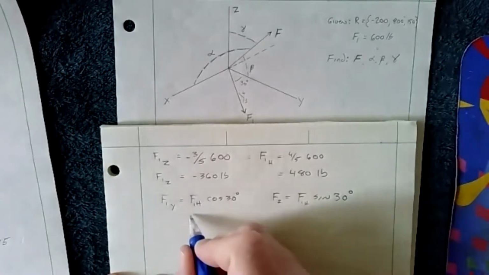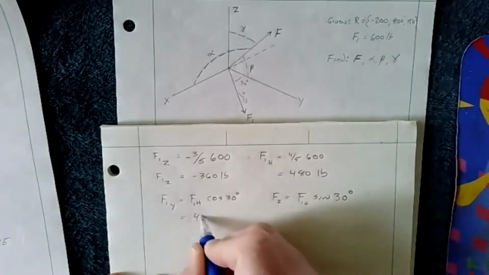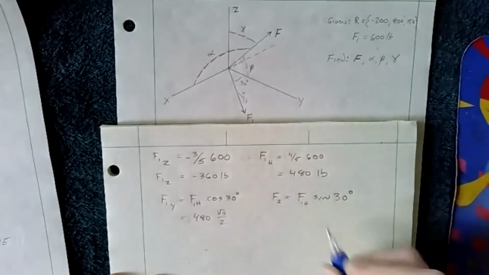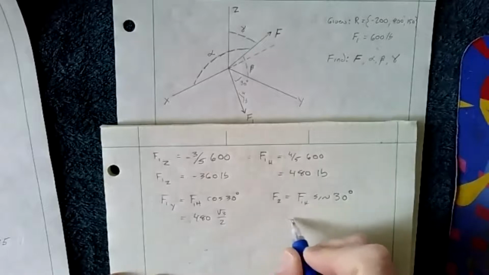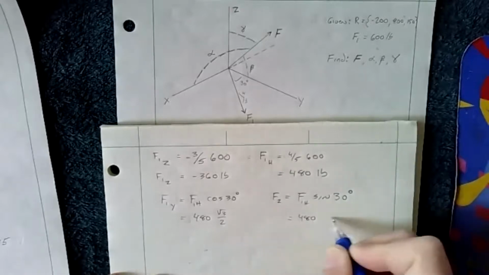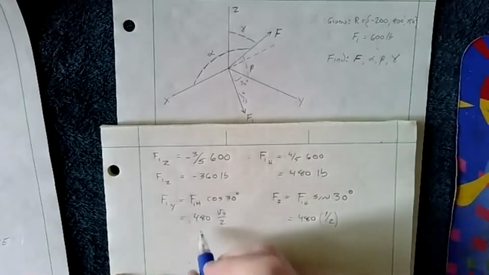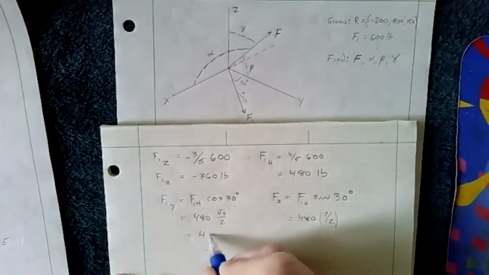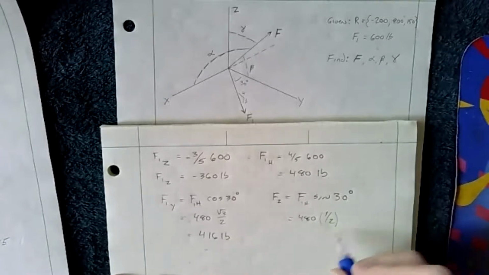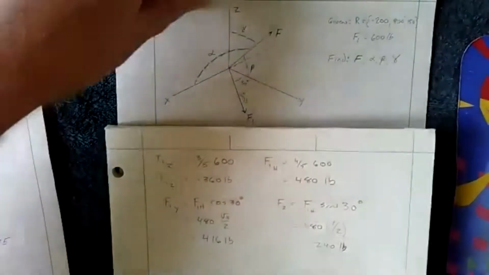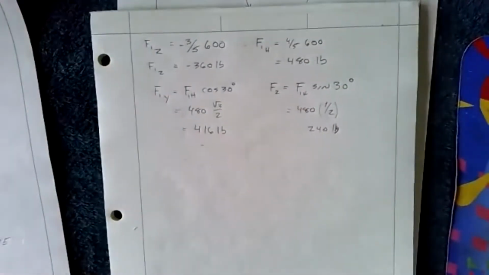So we have essentially 480 times square root of 3 over 2, that's what cosine 30 is, and this is equal to 480 times a half, because that's what sine 30 is. So we get 416 and 240. All right, let's draw out the whole thing.